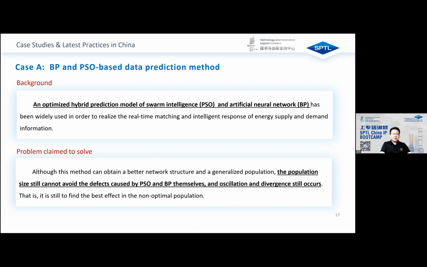In the background part, it is described that an optimized hybrid prediction model of PSO and BP neural networks has been widely used in order to realize the real-time matching and the intelligence response of energy supply and demand information. However, although this method can obtain a better network structure and a generalized population, the population size still cannot avoid the defects caused by PSO and BP neural network themselves, and oscillation and divergence still occur.